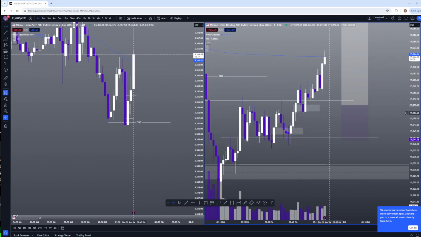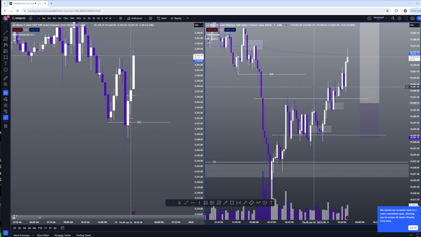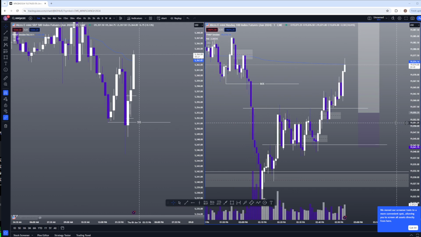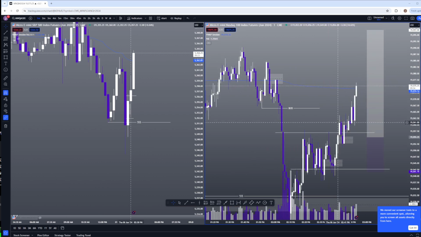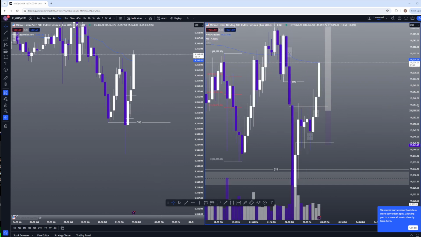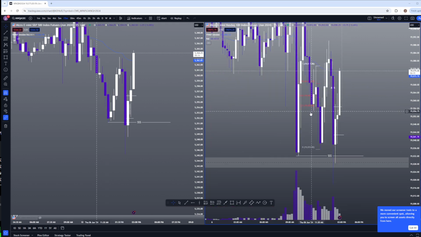But I still just didn't love those entries personally, guys. And I'm not going to have FOMO about this long right now, because I didn't love taking the entry, and we've just been choppy. It is what it is.